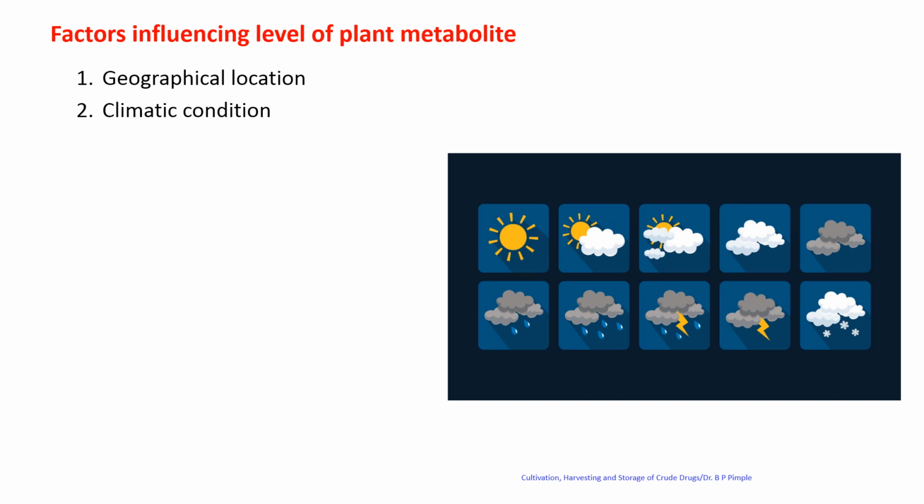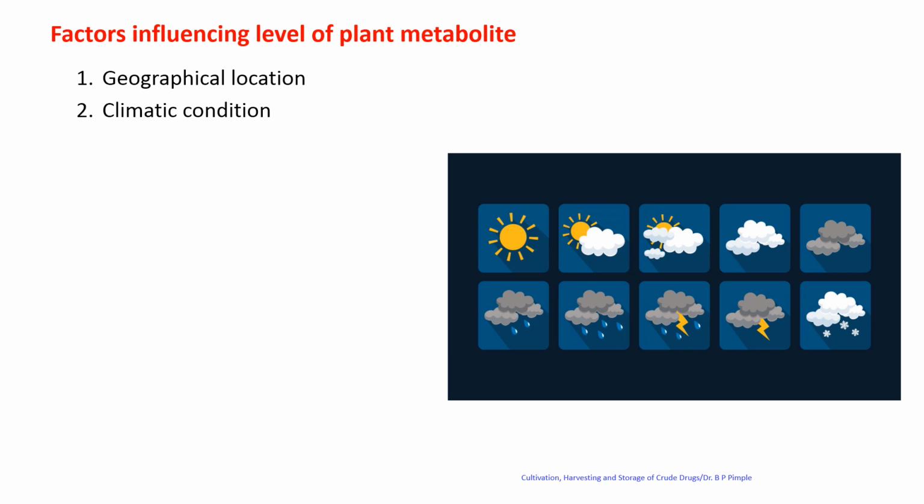That is the reason why collection or cultivation should be done in the appropriate season. Sometimes you will notice that a cloudy atmosphere can reduce the flowering of the plant. Since flowering is reduced, the number of fruits will be reduced.